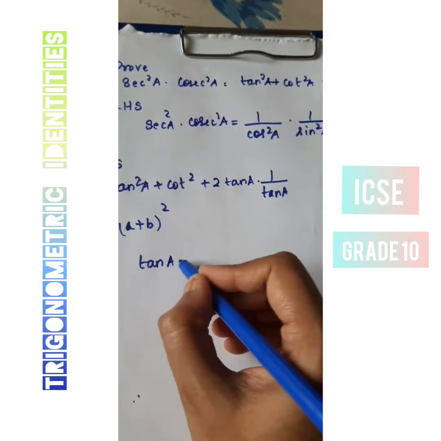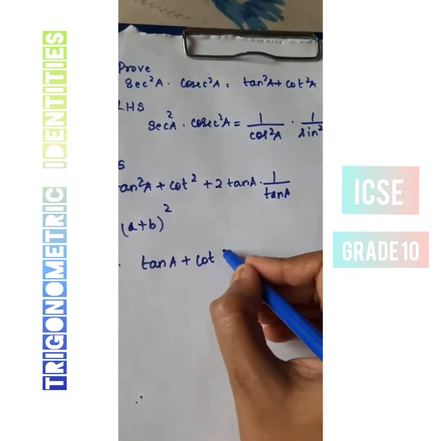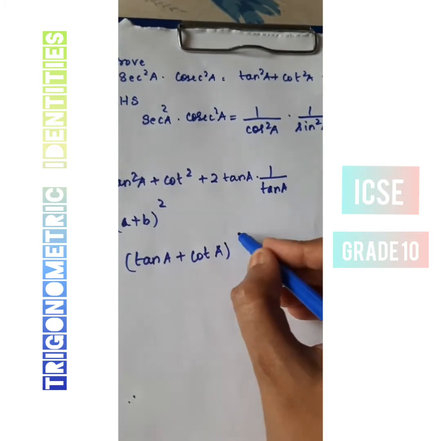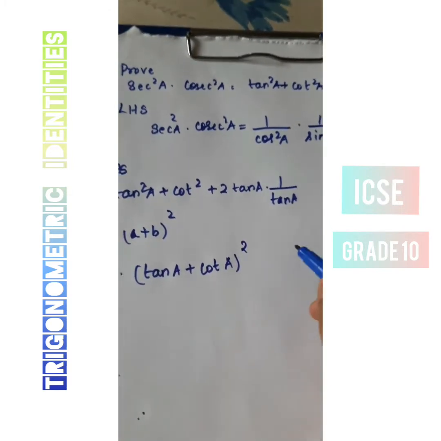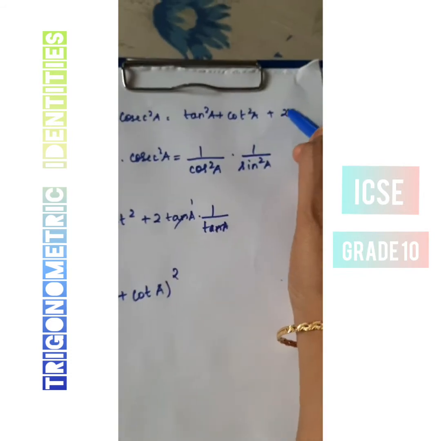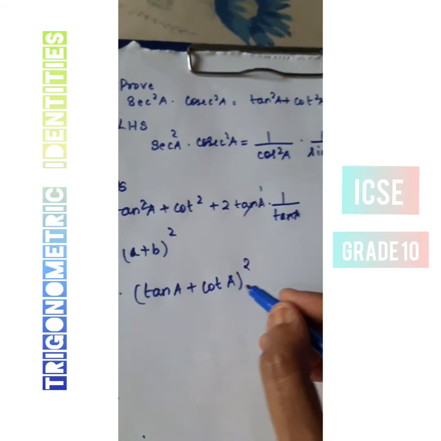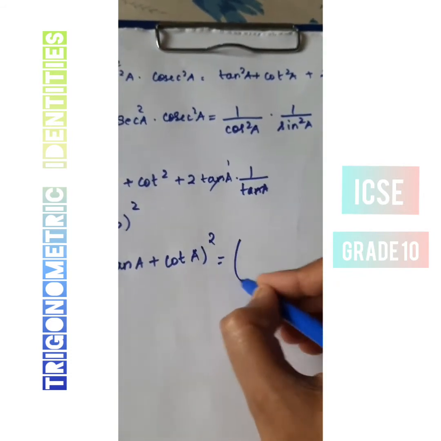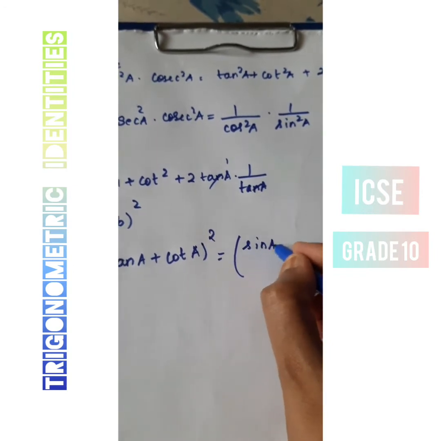So it is of form, if you see now, (a plus b) whole square, (tan a plus cot a) whole square, because 1 by tan is also cot. So we are just multiplying and dividing by tan as an additional step.